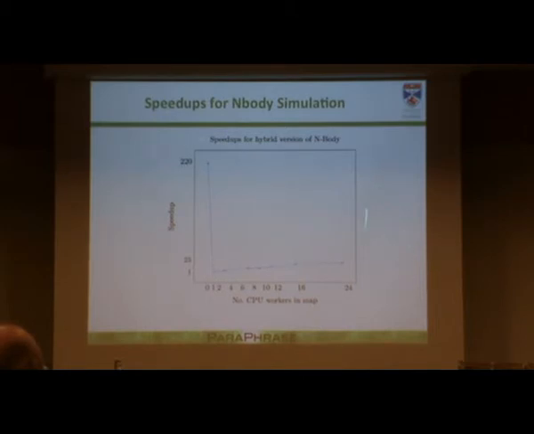So now, this is just showing what happens when the GPU really kicks in. What we're doing is running this application, the speed up for the hybrid version of the N-body application: 0 CPU cores, 1 GPU core, 220 times speed up. 1 CPU core, whoops. So the issue here is the CPU is basically throttling back the GPU.